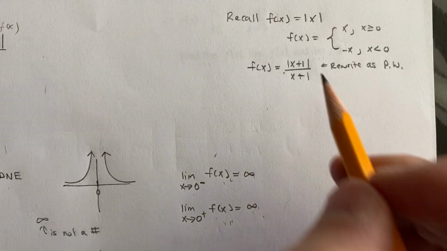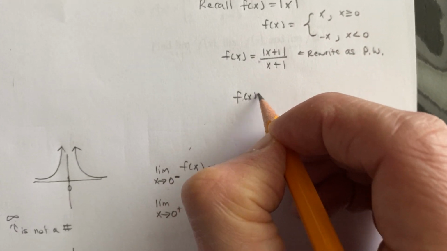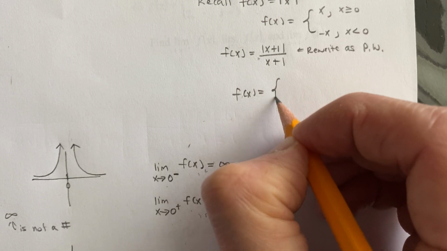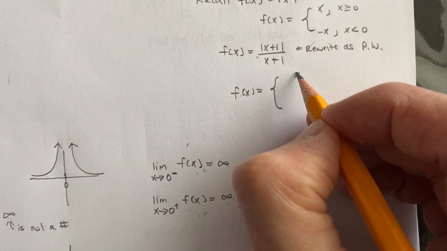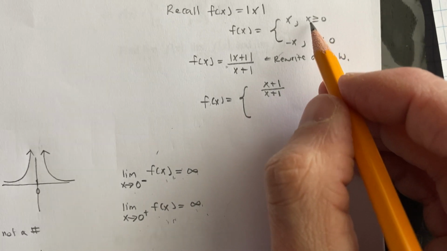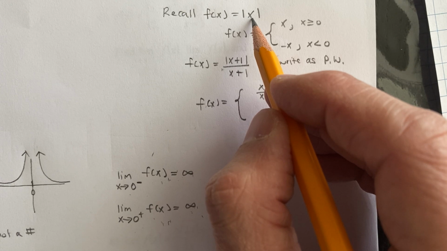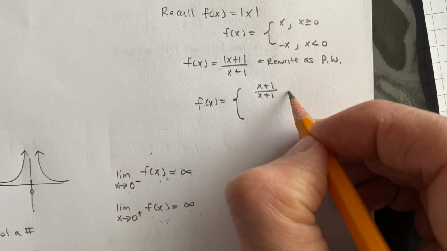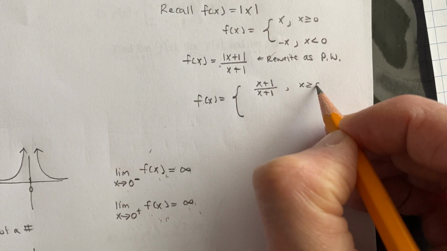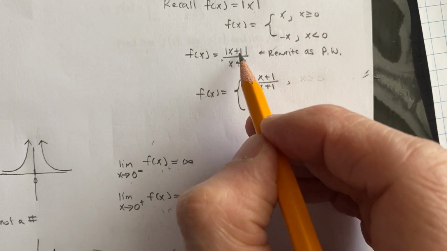All right, well, how do I rewrite that as a piecewise? Use this definition, right? It says that basically I drop the absolute value symbol, x plus 1 over x plus 1, and then I set the argument, whatever's in here, greater than or equal to 0. The argument is this.